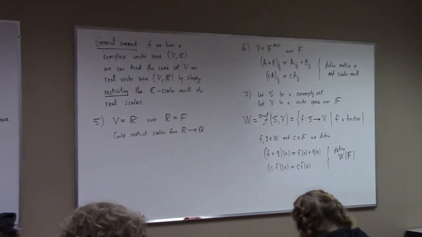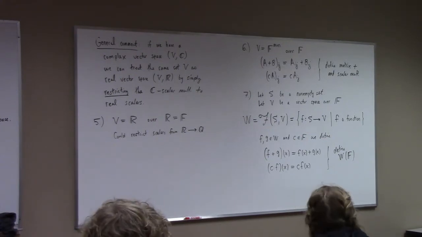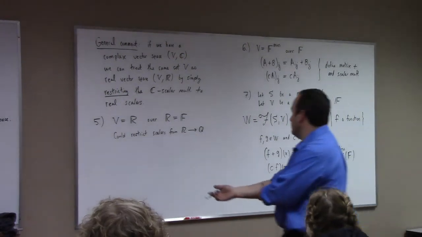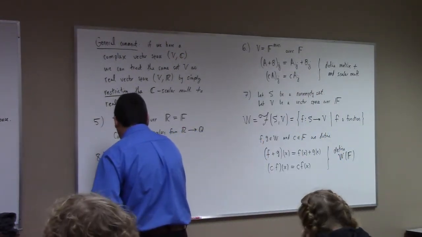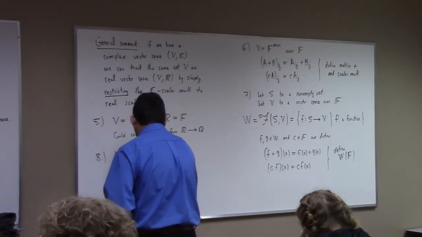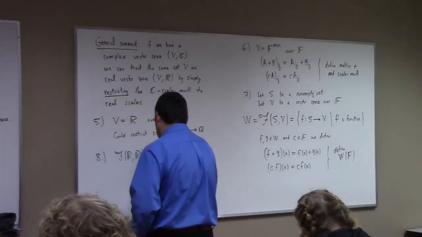This is a blindingly general example, right? I said S could be any set, right? What's an interesting example is when we take S and V both equal to the reals, right? If we look at the function space from the reals to the reals, that's often an interesting case.